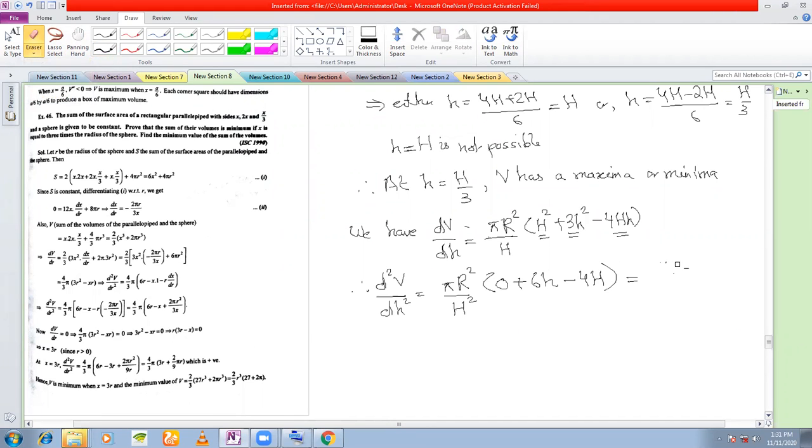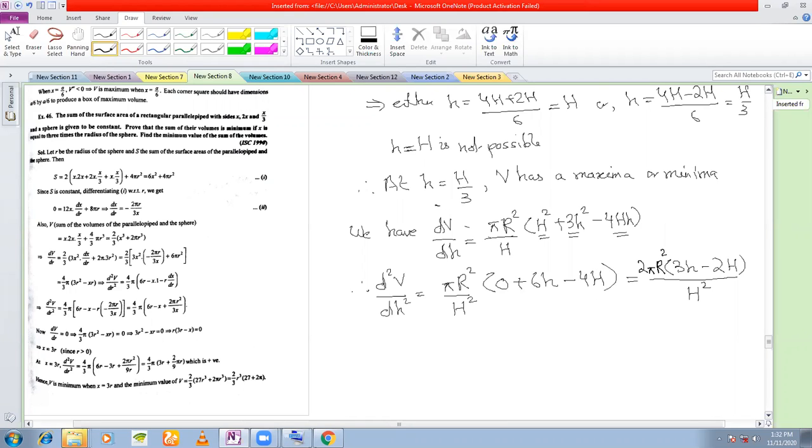That will be more convenient. Twice of 3h minus 2H, divided by H square. In fact, this is 2 pi r square into 3h minus 2H by H square, right? This is what we are getting, d2V/dh2.